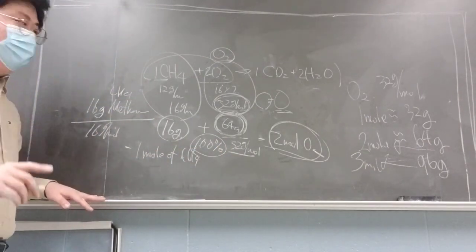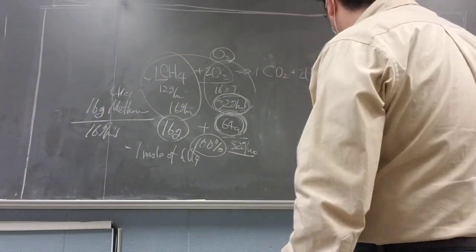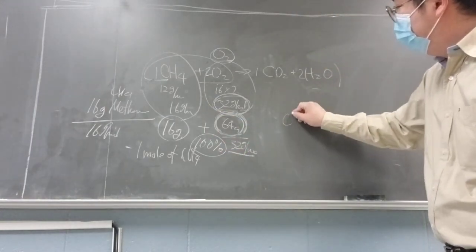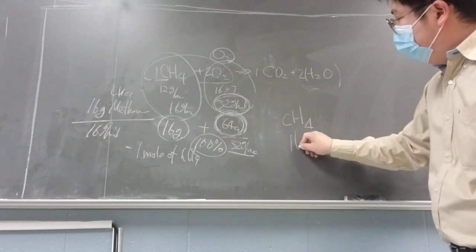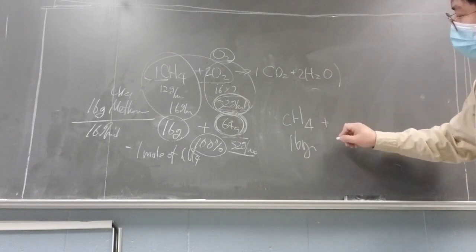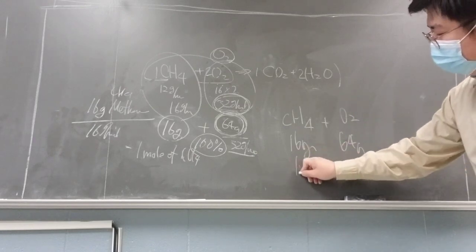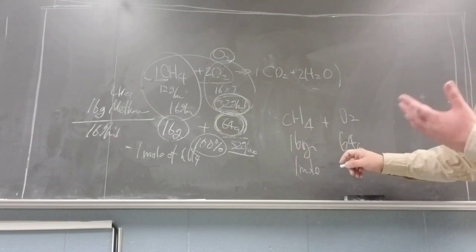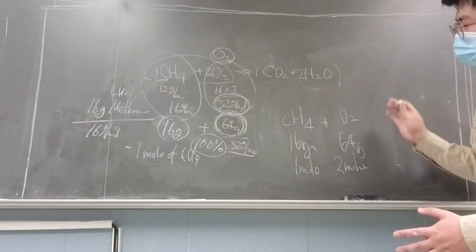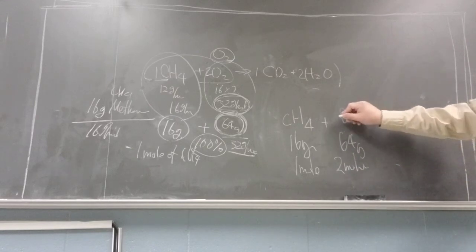Okay, makes sense, right? So if I give you this equation, and I'm telling you that you have 16 grams of methane interacting with 64 grams of O2, which is a perfect ratio, there's no limiting reagent, there's no abundant one at all. They're all going to be used up to make the products, which are what?